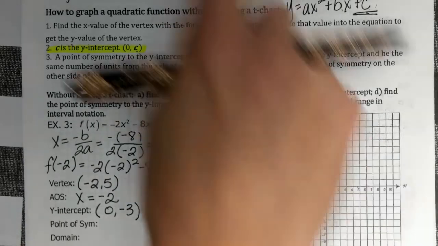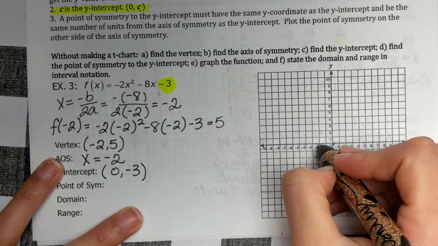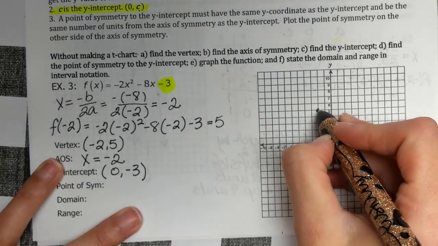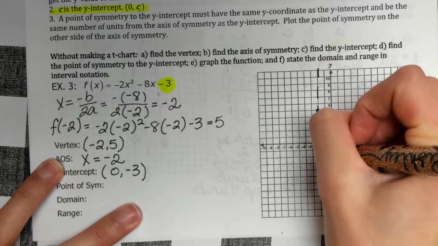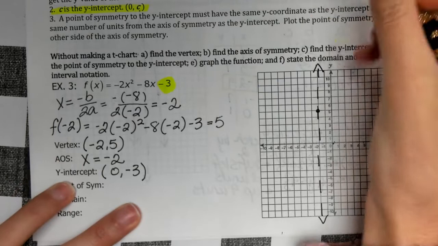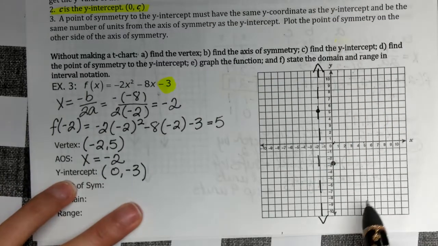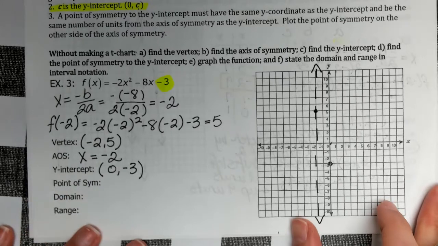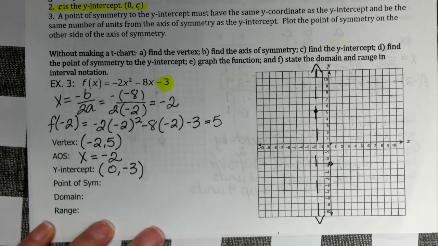Okay? So I'm going to plot my negative 2, 5. I'm going to do my axis of symmetry through that vertex. And I'm going to plot my 0, negative 3. Now I'm going to start at my axis of symmetry, because that's the smack dab middle of my graph.